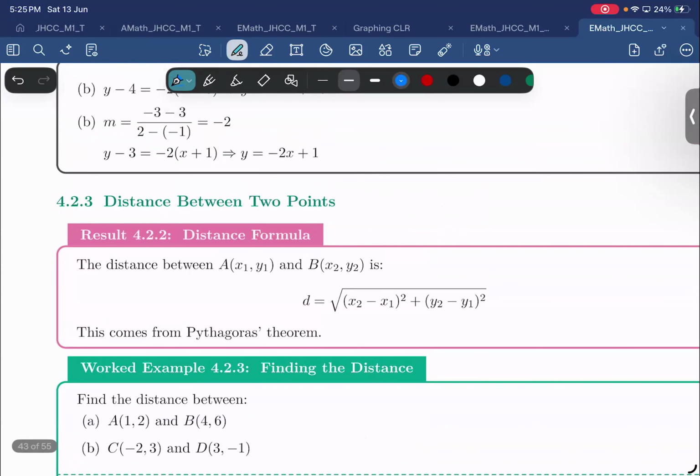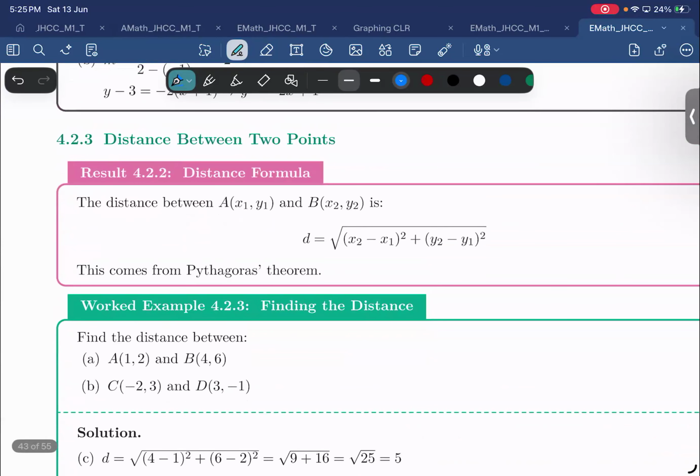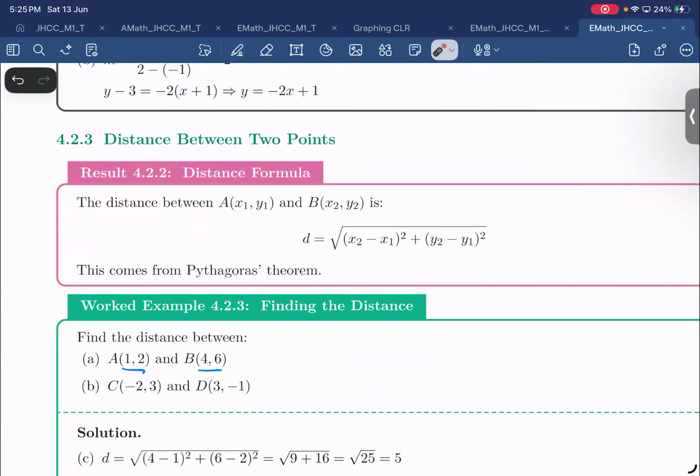For example, finding the distance between A(1, 2) and B(4, 6). You just let these be x1, y1 and x2, y2. Simply, d is going to be the square root of 4 minus 1 squared plus 6 minus 2 squared. So it's the square root of 25, which is equal to 5.